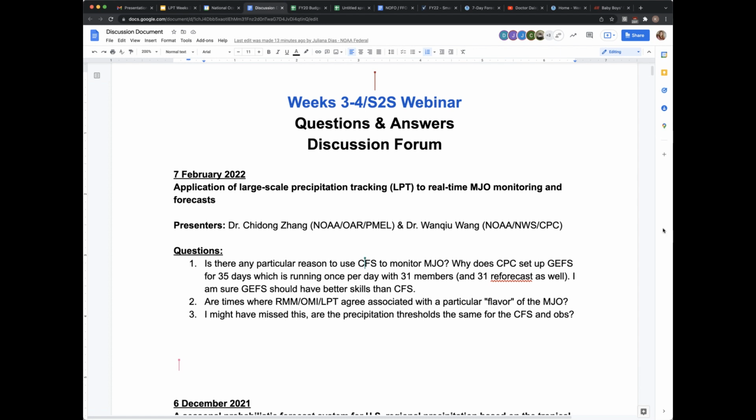In summary, we have demonstrated the use of LPT for real-time monitoring and forecast. This method has been tested at CPC. Our evaluation indicates that a precipitation bias correction is required for better use of this method.